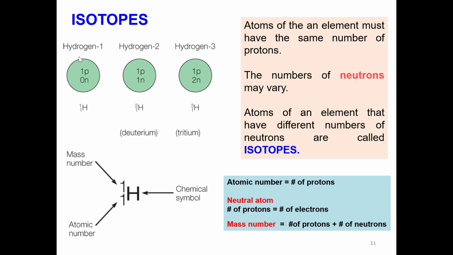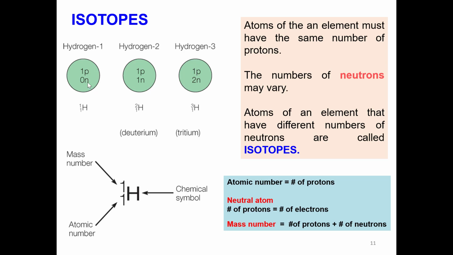However, the number of neutrons may vary. This is one example. We have 3 different isotopes of hydrogen. Because it's hydrogen, the number of protons must be the same: 1 proton, 1 proton, 1 proton. But the number of neutrons changes.